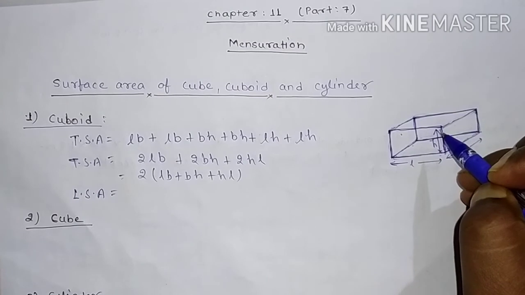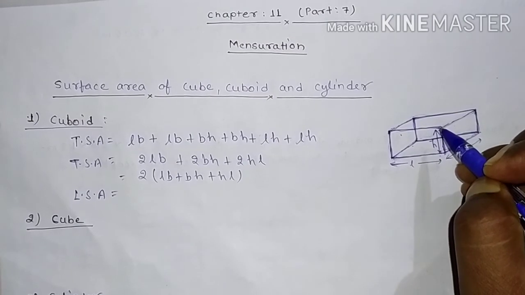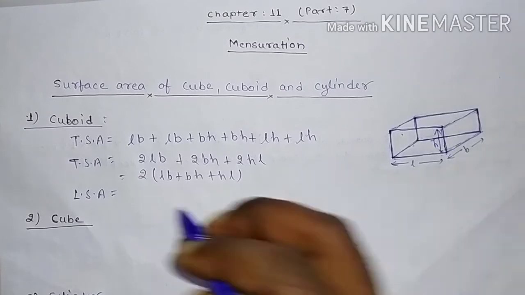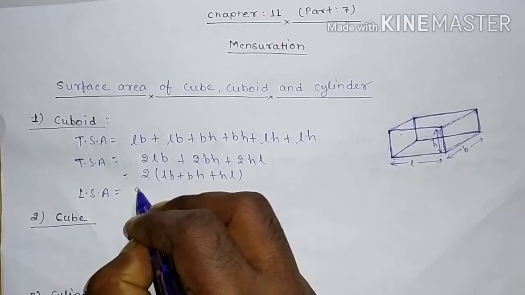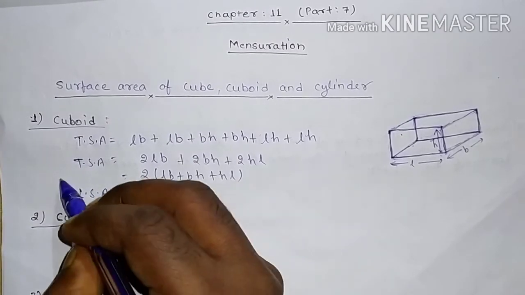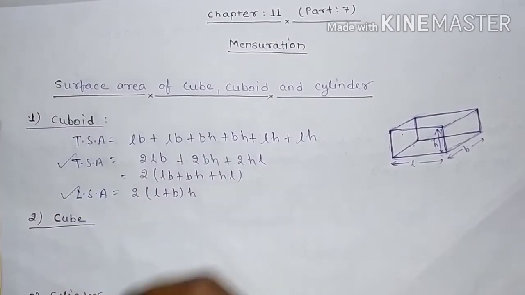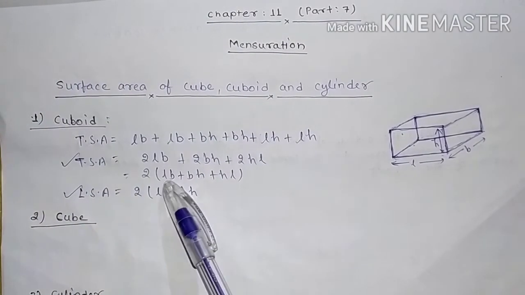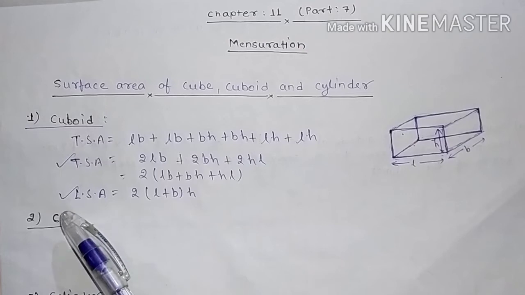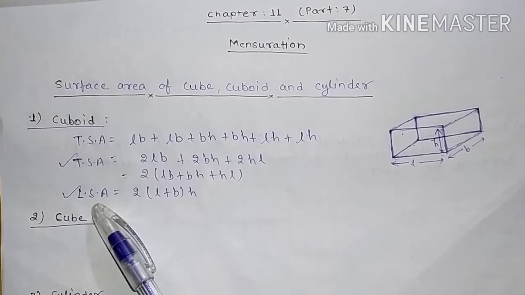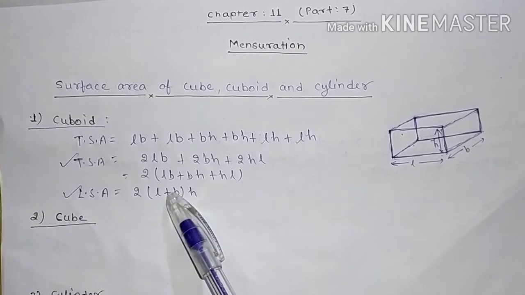So the area of the four walls of a room or of a cuboid, the formula is 2(L plus B) into H. Only two formulas are used in this exercise: the total surface area of a cuboid, 2(LB plus BH plus HL), and the lateral surface area, that means the area of the four walls of a room, equal to 2(L plus B) into H.